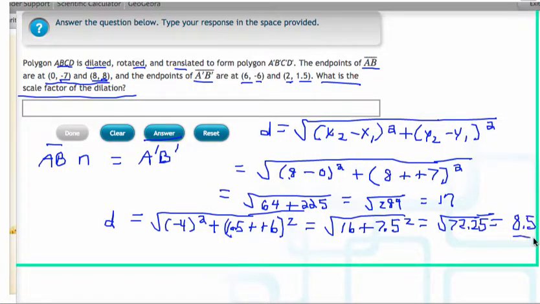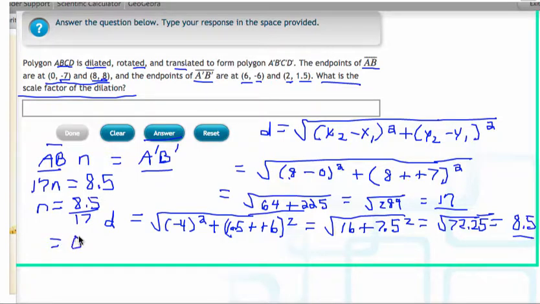So we'll plug 8.5 in for A'B' and 17 in for AB to find n. So dividing both sides by 17 is 0.5 or 1/2. So you can just enter 0.5.